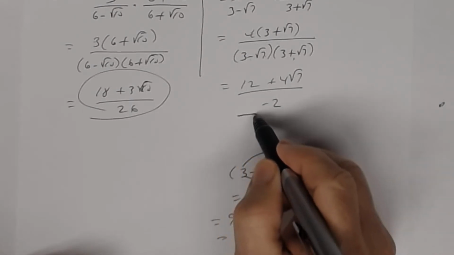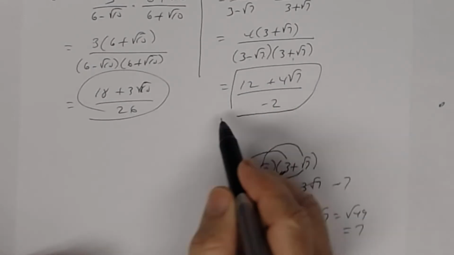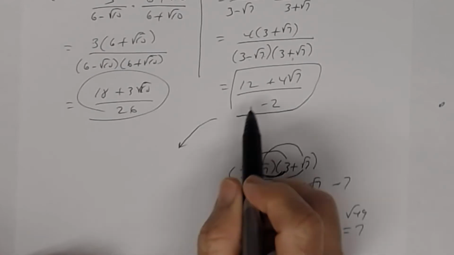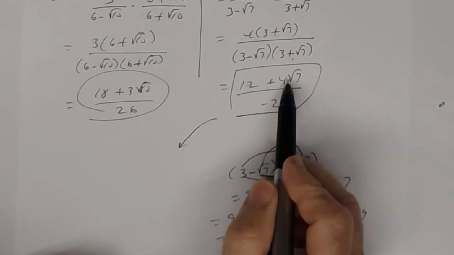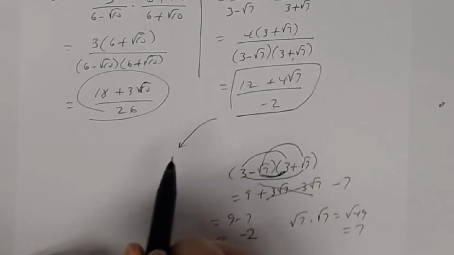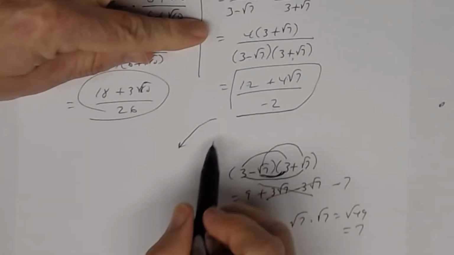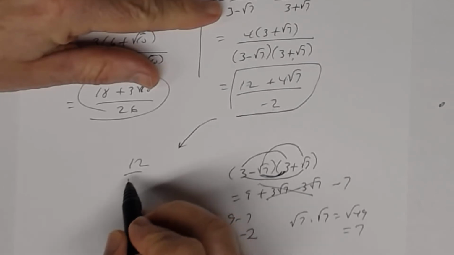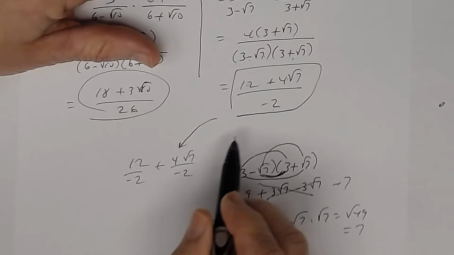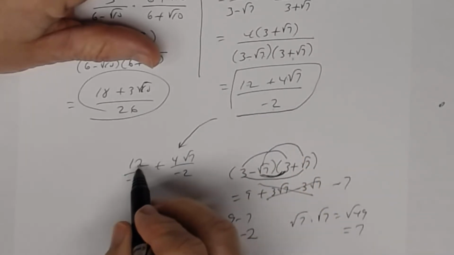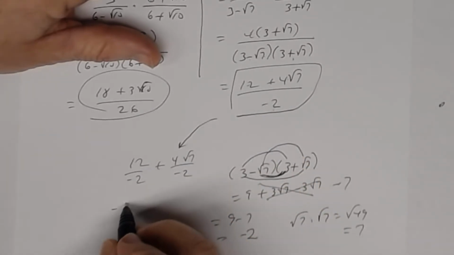And you can leave your answer like this, okay, which is fine. Or you'll notice that both terms in the numerator are divisible by this denominator. So you could say this, watch, 12 divided by negative 2 plus 4 square root of 7 divided by negative 2, because they're reducible. 12 divided by negative 2 is negative 6.